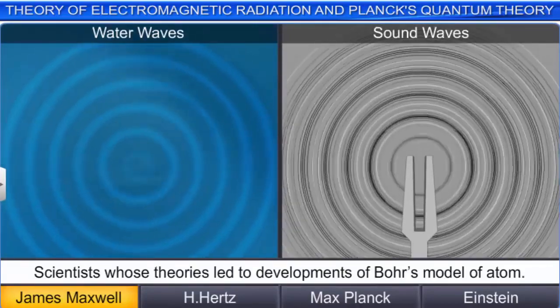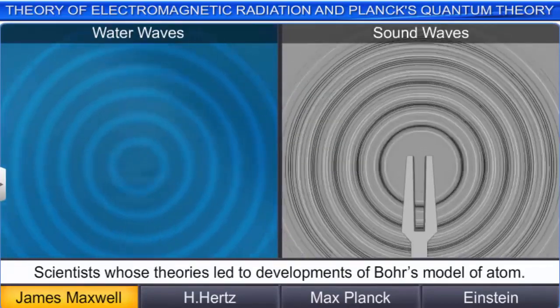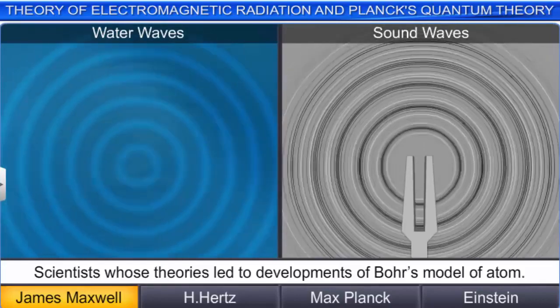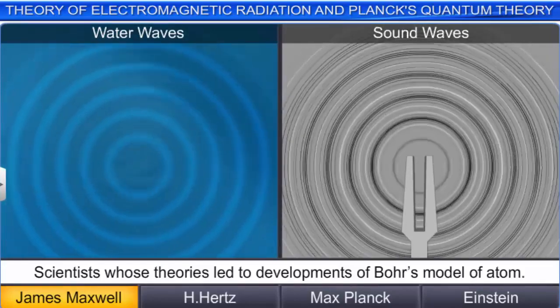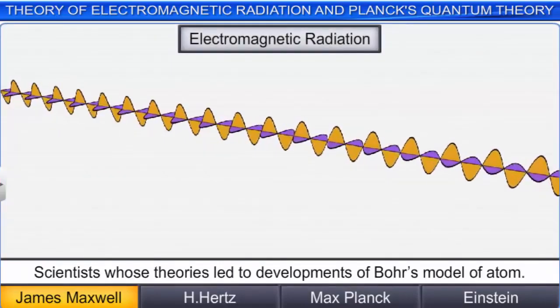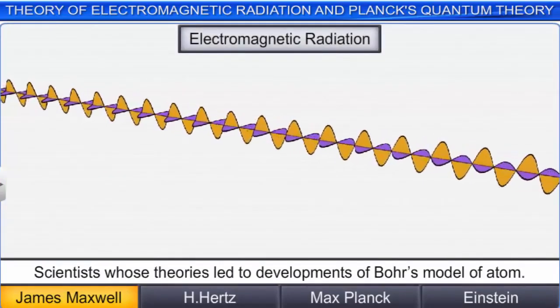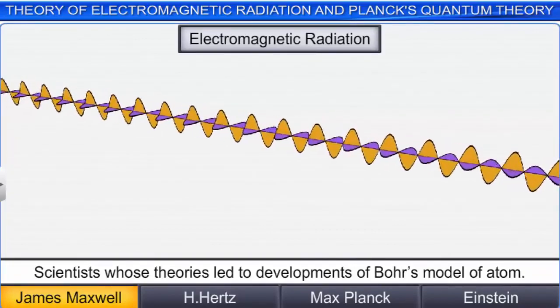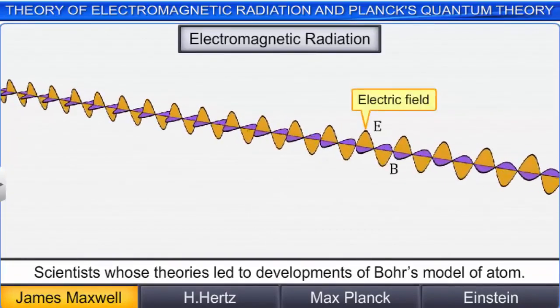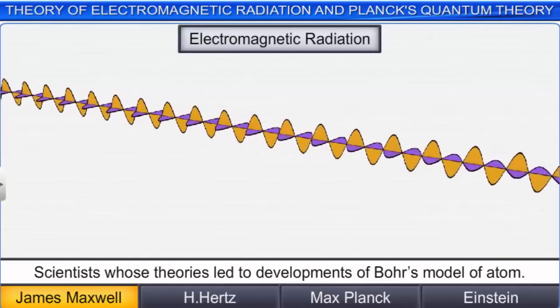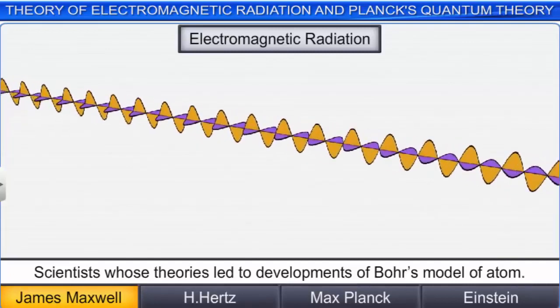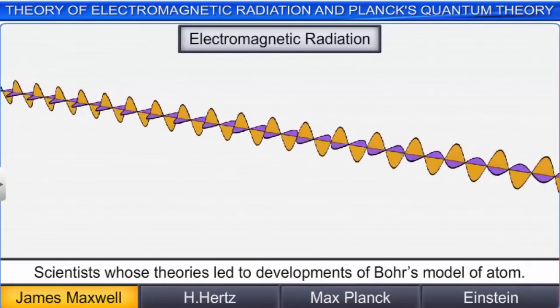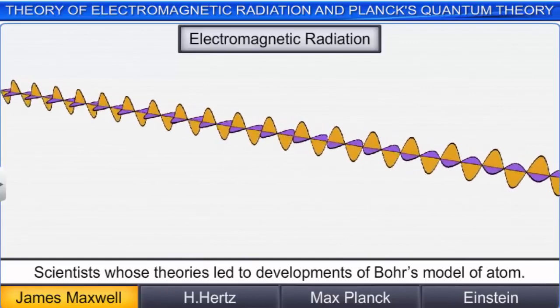An object produces a series of waves when it vibrates continuously. However, the vibratory motion of charged particles, like electrons, produces a wave train of oscillating electrical field and magnetic field. Such waves, which are produced due to the periodic motion of charged particles, such as electrons, are called electromagnetic waves.